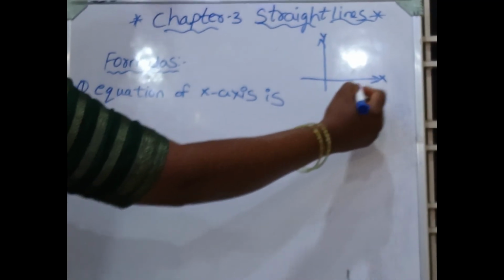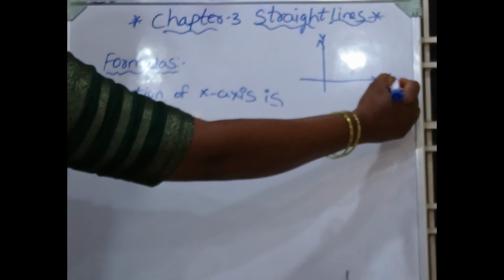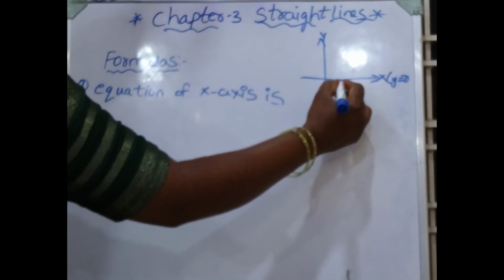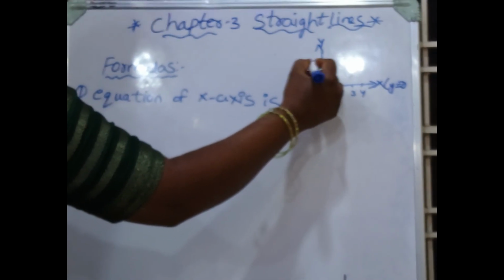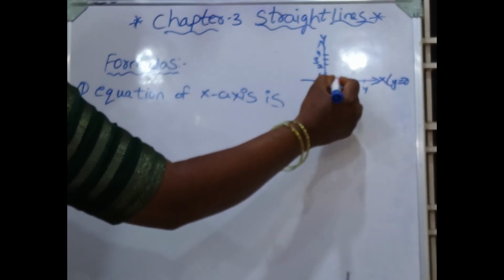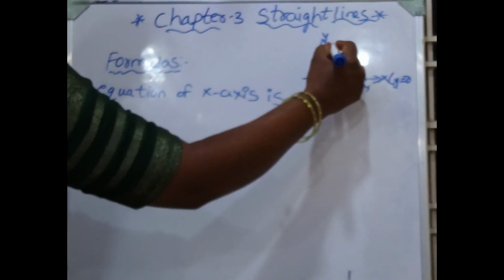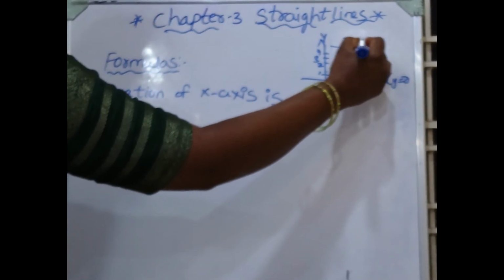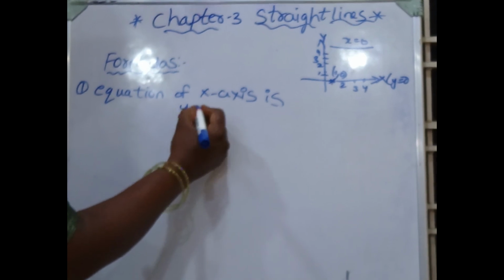On the x-axis, y equal to 0 and x takes some value: 1 comma 0, and so on. So the equation of the x-axis is y equal to 0.